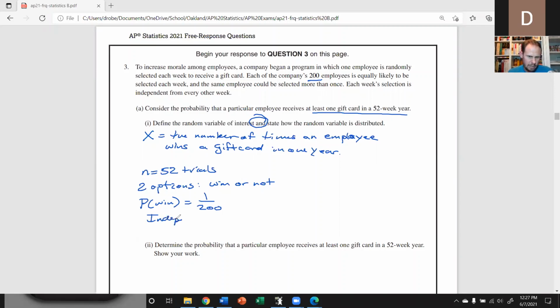We were told they were independent. Now I did this all out of order, but here's our B, I, N fixed trials, and same probability. It spells BINS in a different order, which tells us this is going to be a binomial probability distribution.